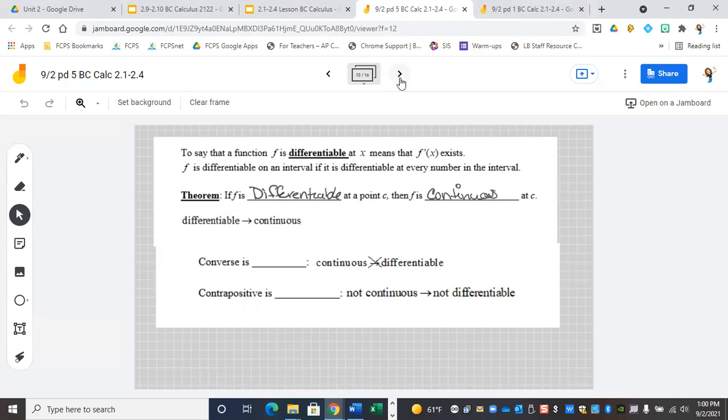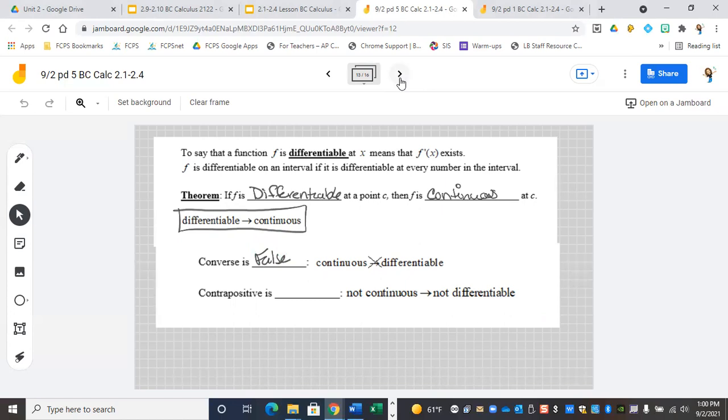Again, remember, differentiable does imply continuous. However, the converse is false. Just because you know it's continuous does not mean it's differentiable.